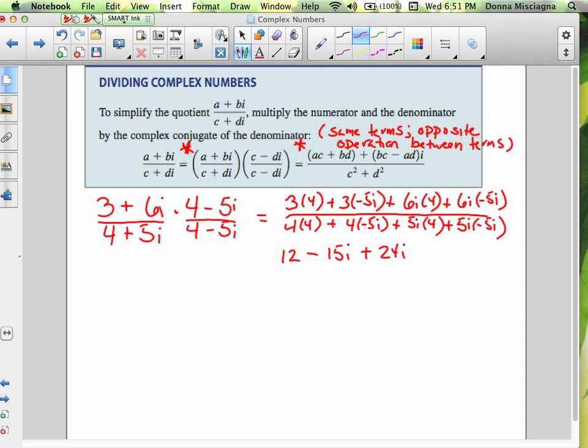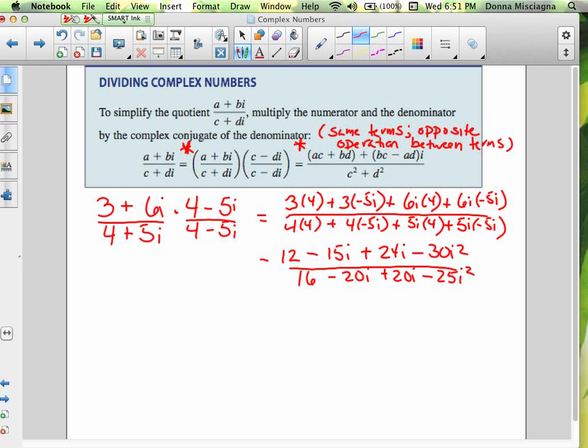Then minus 5 times 6, which would be 30, and then i times i would be i squared. In the denominator, we have 4 times 4, so 16, and then negative 20i plus 20i, and then minus 5 times 5, which would be 25, and i times i would be i squared.